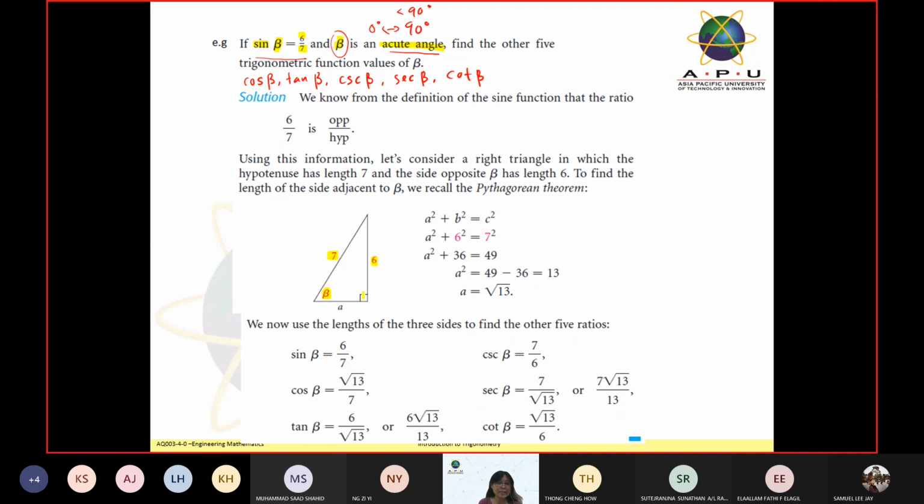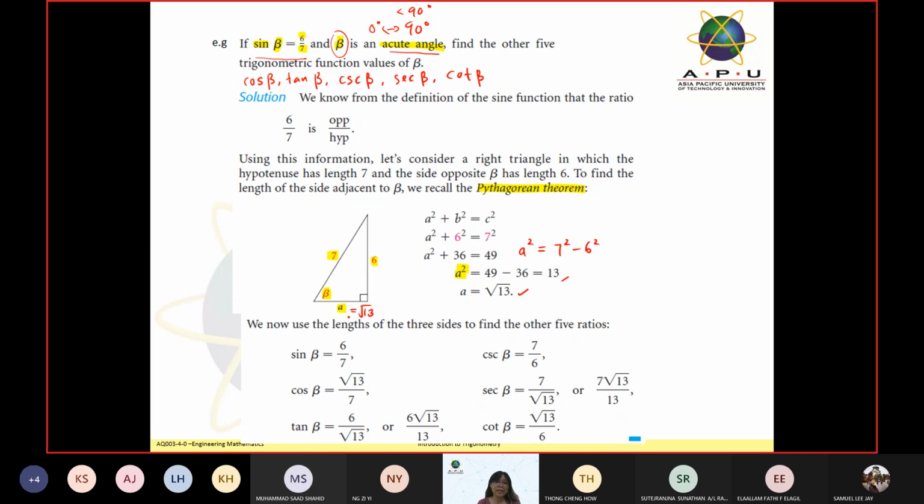Let's say we label this side A. Then by using the theorem of Pythagoras, we can find the length of A. A square equals 7 square minus 6 square, the hypotenuse minus the 6 square. So we get 49 minus 36, which is 13. So A is square root of 13.